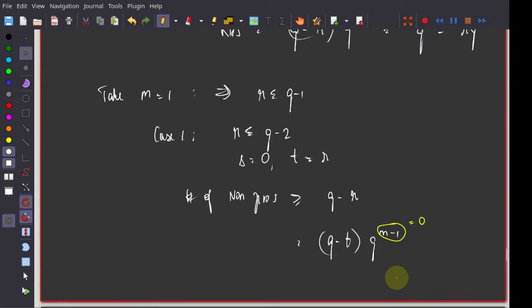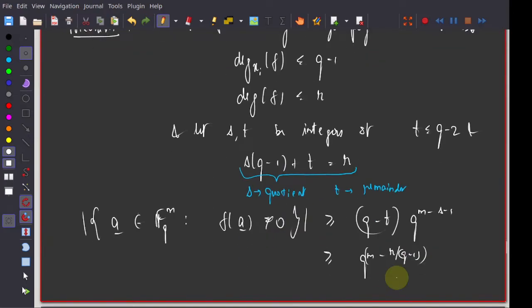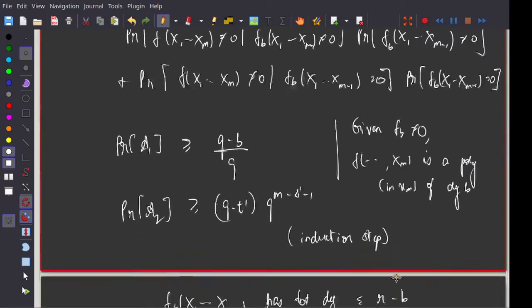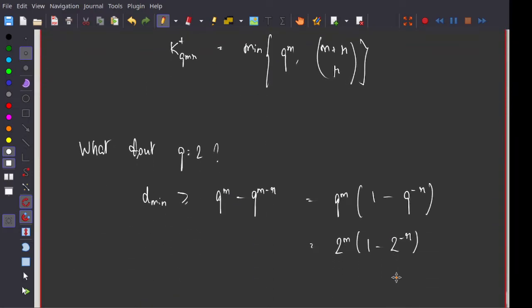Sorry, wait, let me see if I got this. It is not equal to 0. So it's not q to the m minus this, it is just equal to this.